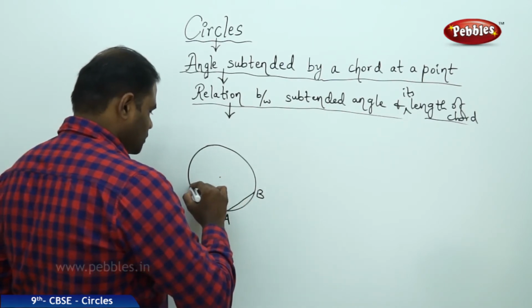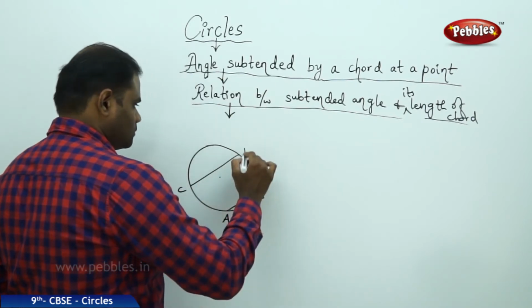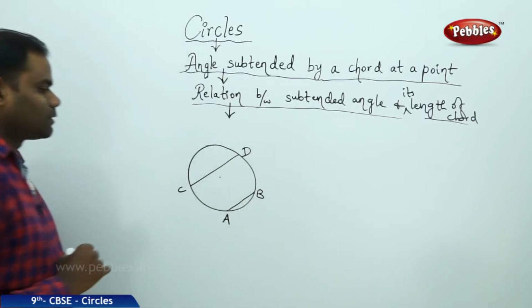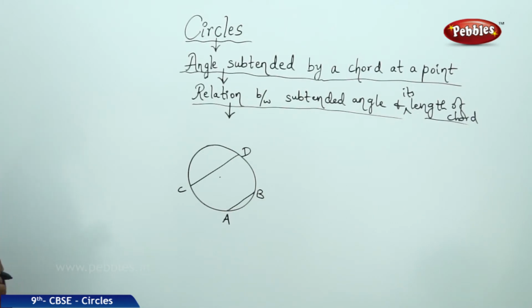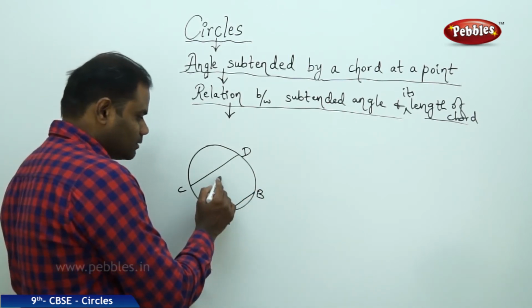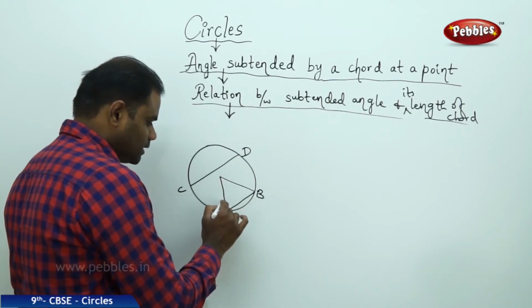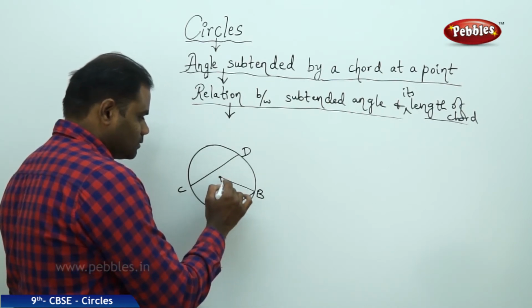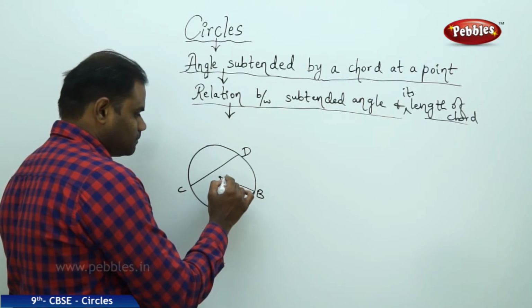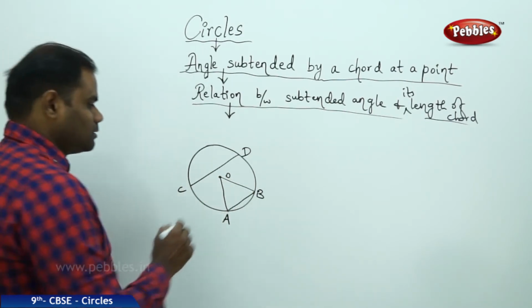Let me take another chord CD. Then clearly there are two subtended angles made by chord AB and chord CD. Say the chord AB subtends an angle at the center of the circle. This being the center, subtends an angle, say theta 1.